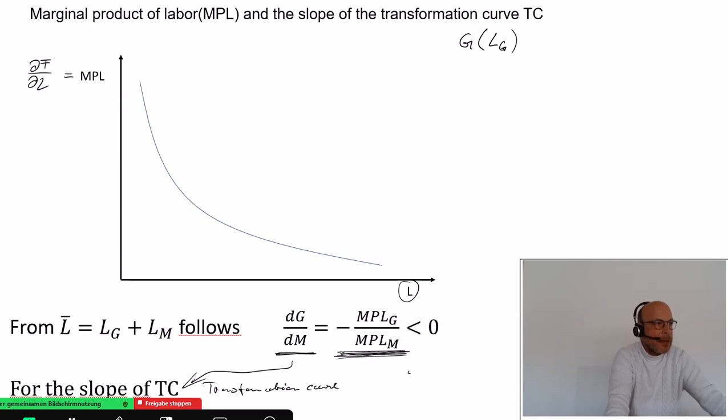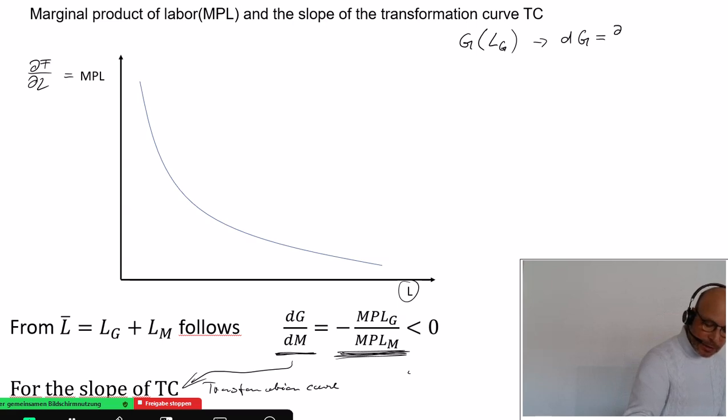And then we can ask, how does the output change when I'm changing the input? This means the change of the output is the first derivative of our production function, so dG with respect to labor, times the change of labor input.